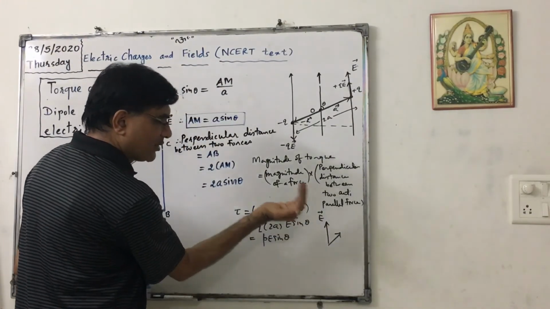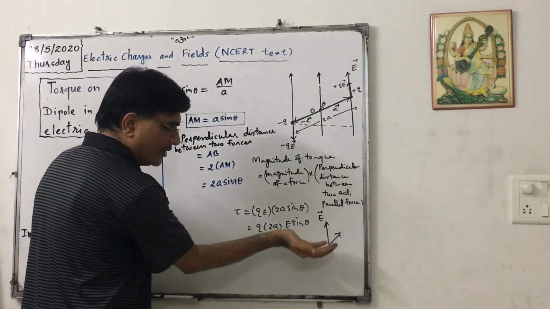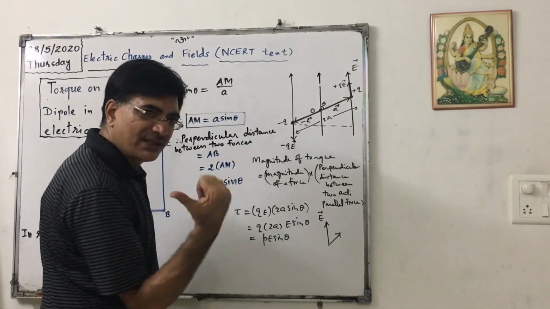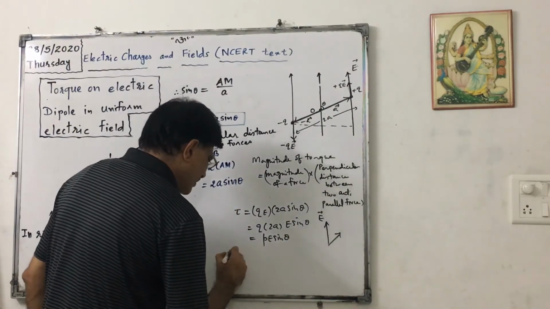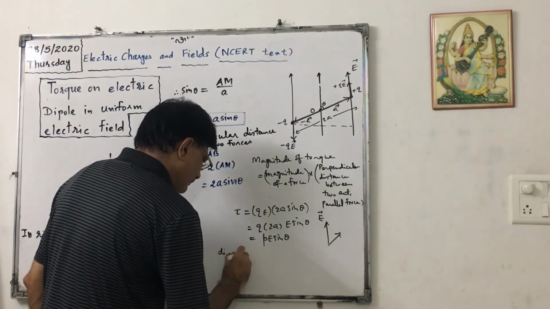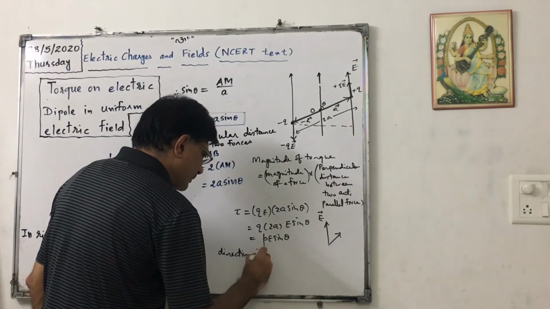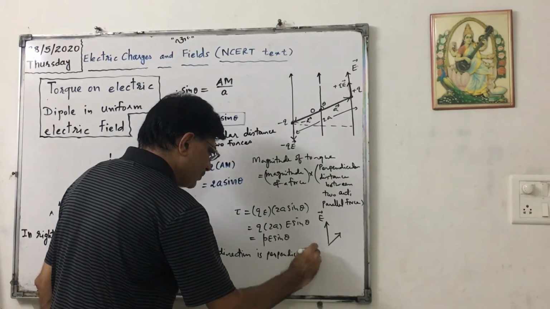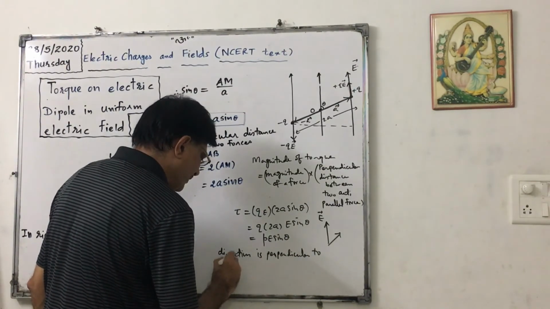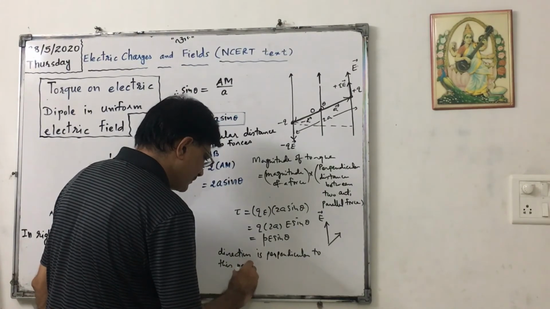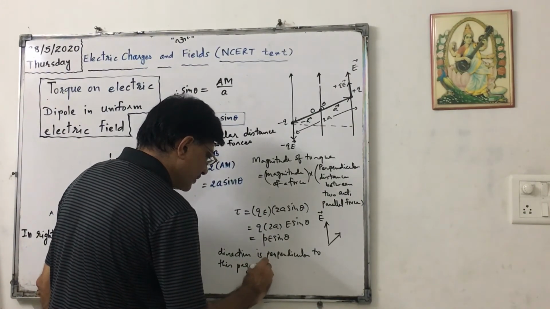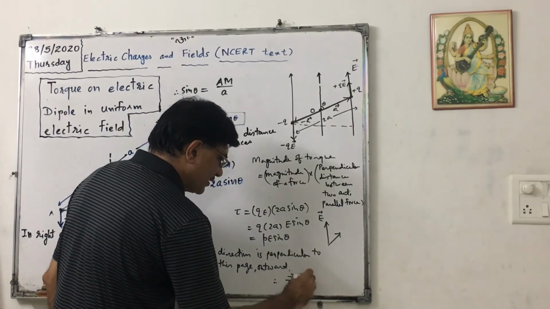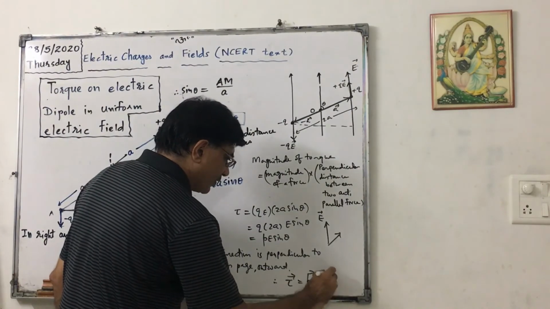So P cross E according to the right-handed rule will be outside the board, perpendicular to the board and outward. So the direction is perpendicular to this board, or say in your book you can write this page, outward. So the vector relation is vector tau equals to vector P cross vector E.